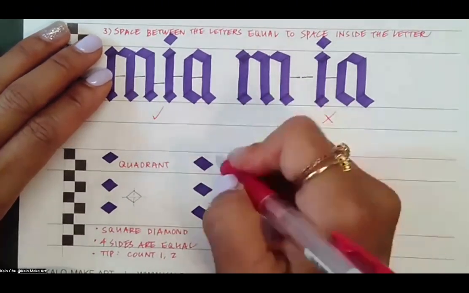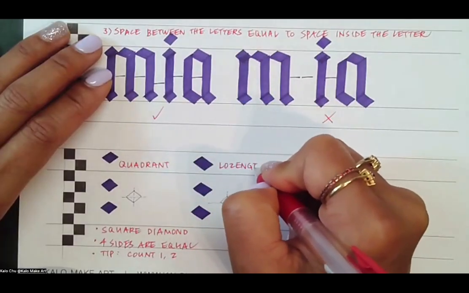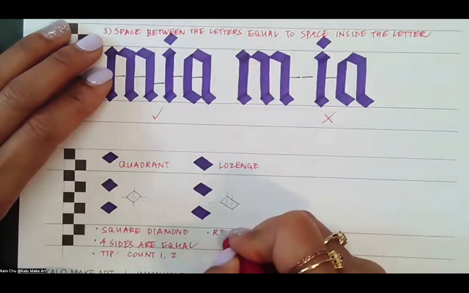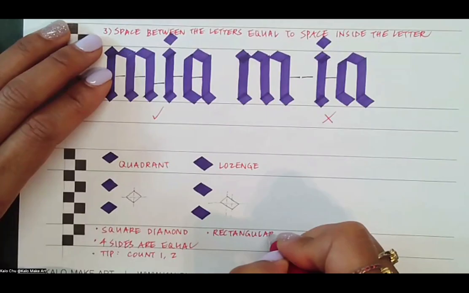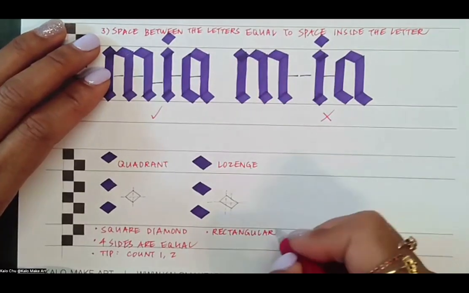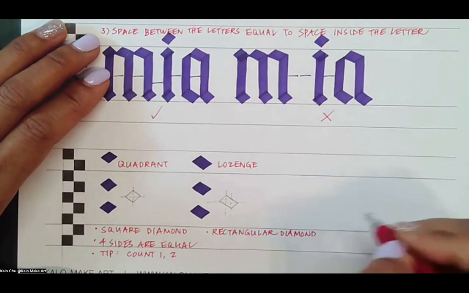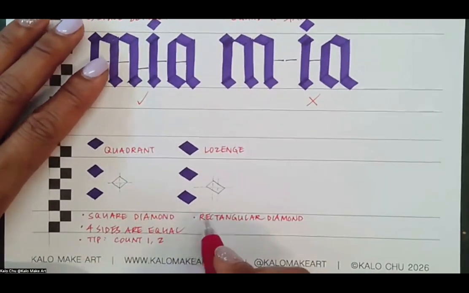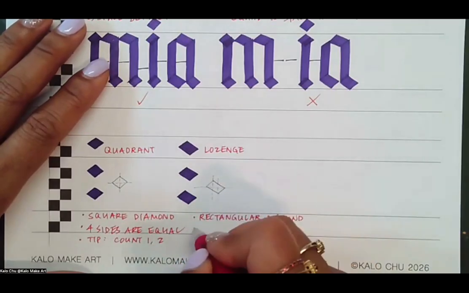And the way I describe a lozenge, you can definitely say it's a rectangular diamond, because it's still a diamond. A diamond does not necessarily have to be a square. So when you read some textbook, they will still call this an elongated diamond.